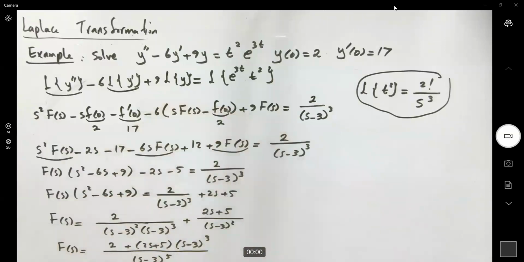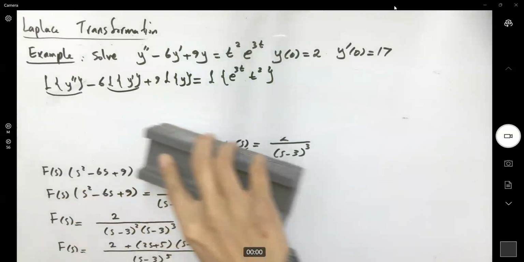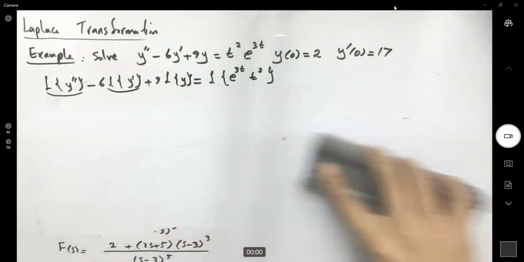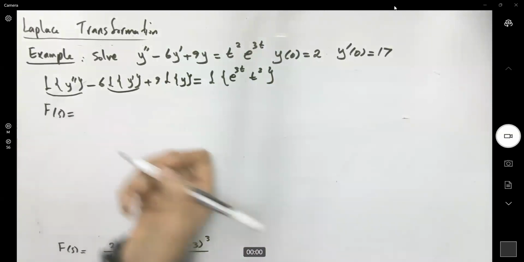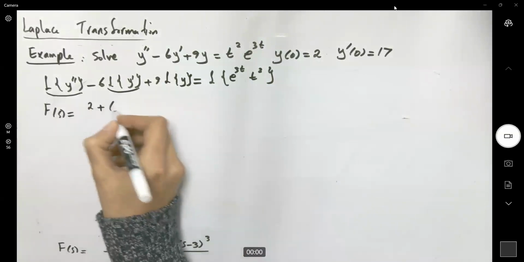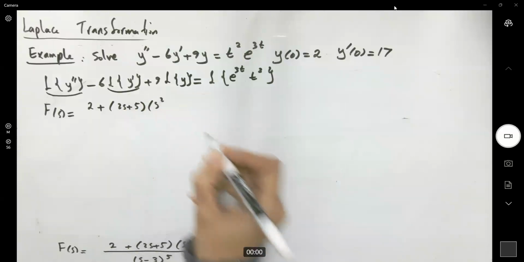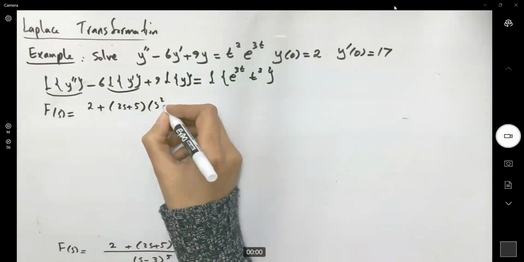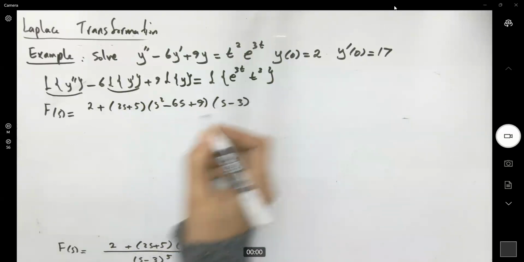Let me erase this part of the board. I need more space. So my F(s) is so far 2 plus (2s plus 5), and here you have s squared minus 6s plus 9 times (s minus 3).